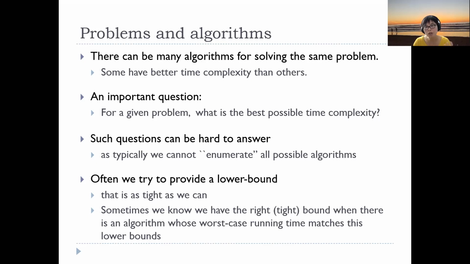But the question is usually hard to answer because, naively, how should we know for sure that no better algorithm exists? We would have to enumerate all possible algorithms and show that none of them runs faster than, say, n log n. So very often, what we aim for is just to provide some lower bounds, saying that this problem definitely cannot be solved better than a specific time complexity.